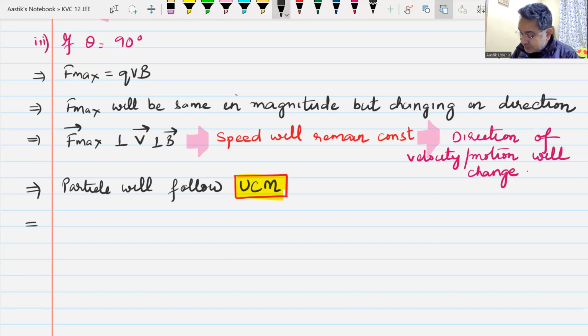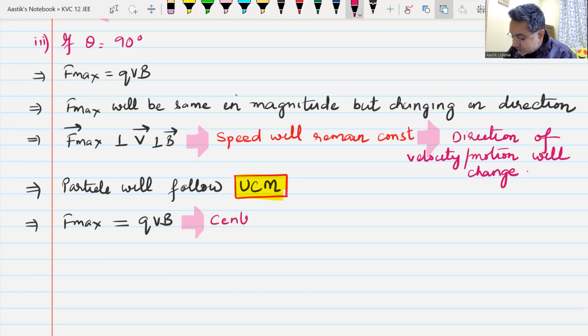Now remember this F max, which is nothing but equal to QVB, will give this particle the centripetal force, which is nothing but equal to mv square by r.